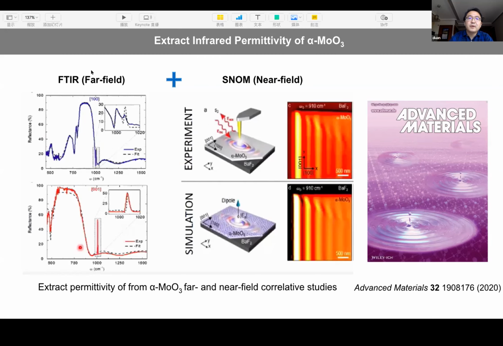But if we combine far-field and near-field measurements, we can extract accurate values for both the real part and the imaginary part. We published this work in Advanced Materials this year.